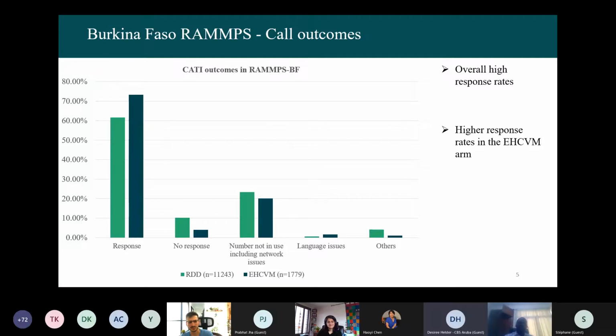The response rates are very high in the project, and we also noticed that at the beginning, we expected language issues, but right now we can see that with 2 languages spoken in the country, we can cover a lot of the sample area. We succeeded in interviewing a lot of people just by relying on the 2 main languages that are spoken in the country. So this is really good news for us. Next slide, please.